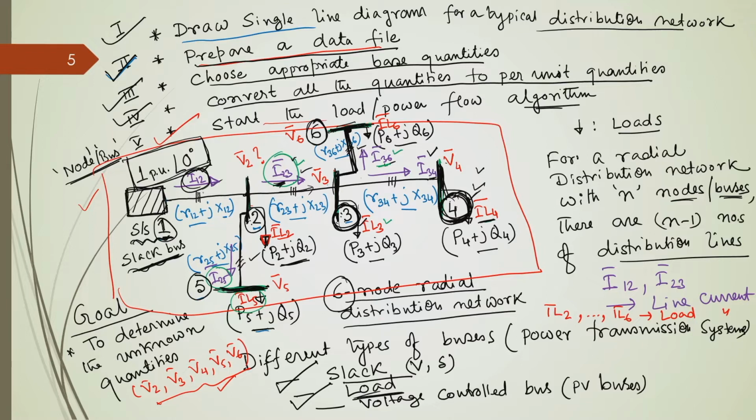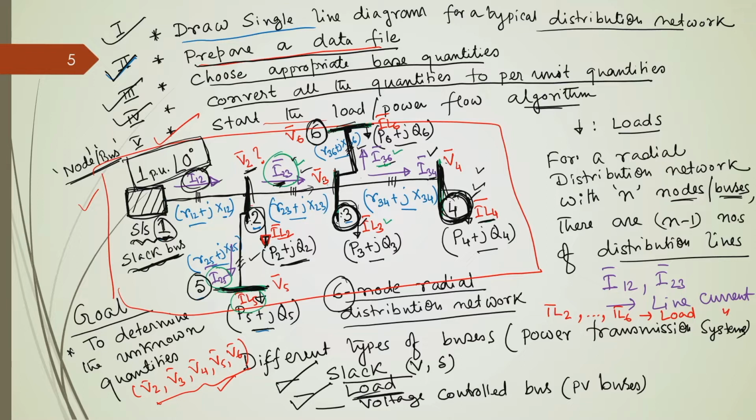Here the connecting node of the substation is node 2. So, I can find the voltage at this node 2 just by subtracting the line drop from the substation voltage that is specified. Once you get that, that will be the updated voltage at node 2.